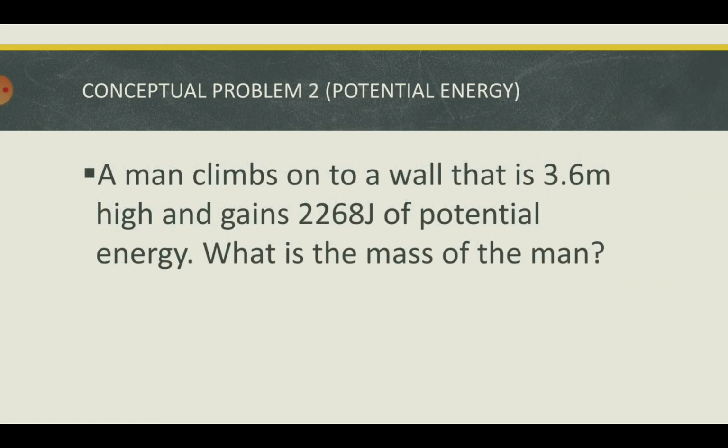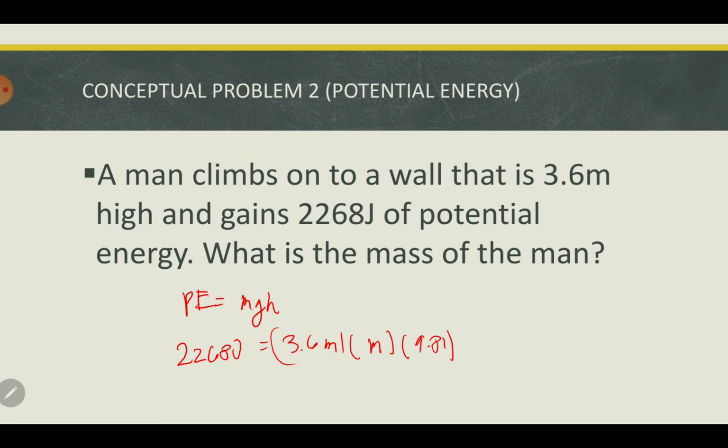Next, a man climbs on a wall that is 3.6 meters high and gains 2,268 joules of potential energy. What is the mass of the man? PE is equal to mgh again. So we have 2,268 joule, which is equal to 3.6 meters multiplied by m, which is your mass, which is unknown, multiplied by 9.81 meters per second squared.